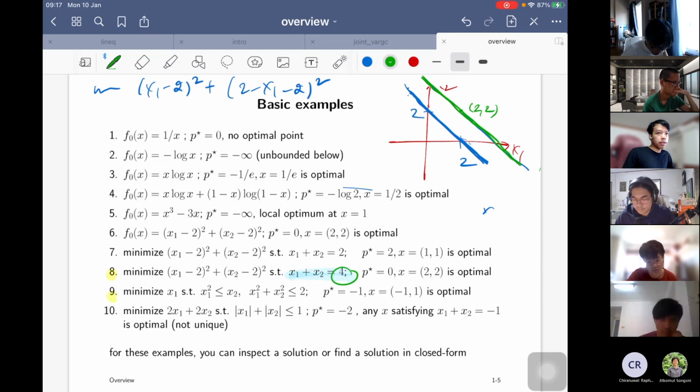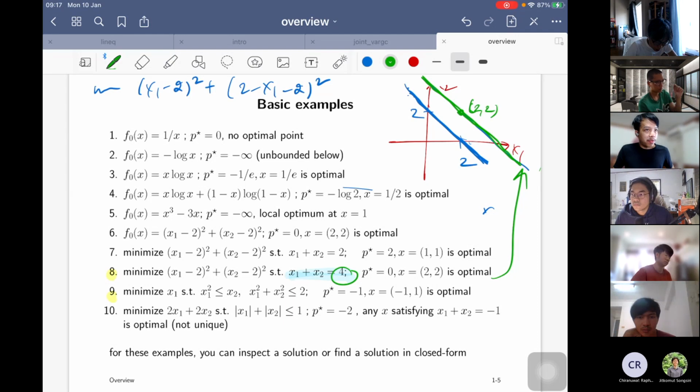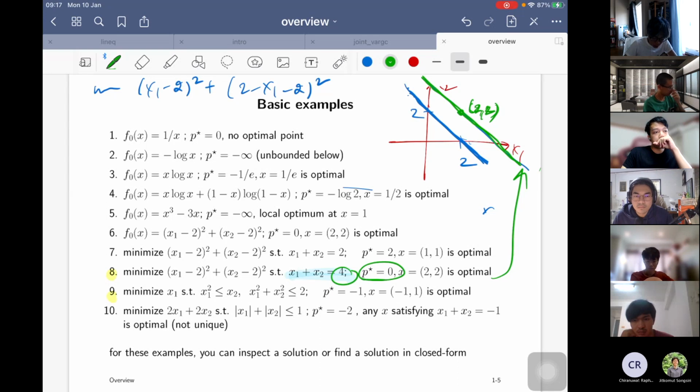This is problem 8. In this problem you would see that this constraint set actually passes through the 2, 2 point. It's the point where the objective value is minimum over all arbitrary choices. So p star can be made 0 and 2, 2 is optimal.